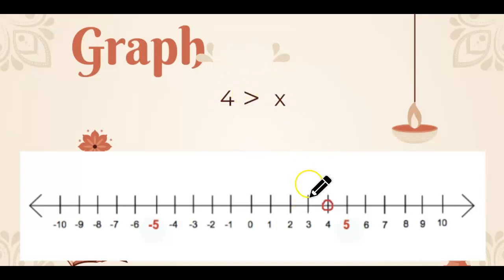Is 4 greater than 3? Yes. Is 4 greater than 2? Yes. So our graph goes this way, because now we can see that 4 is greater than 3, 2, 1, and 0. So the first possible answer is 3. You cannot say 4, because that's equal. And then 2, and then 1, and so on. So the possible solutions for this inequality are 3, 2, 1, 0, negative numbers, and so on.